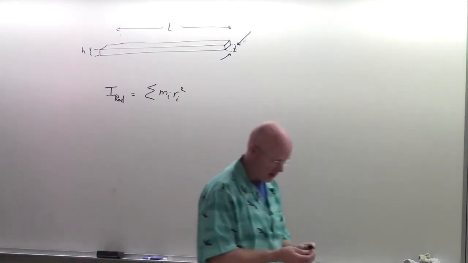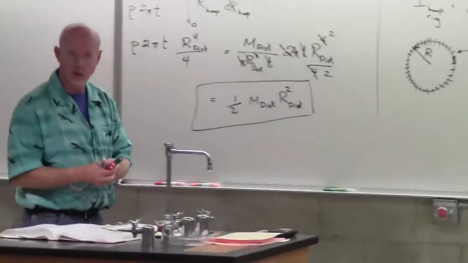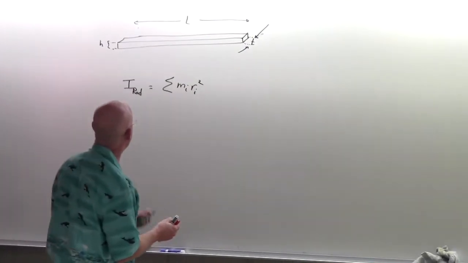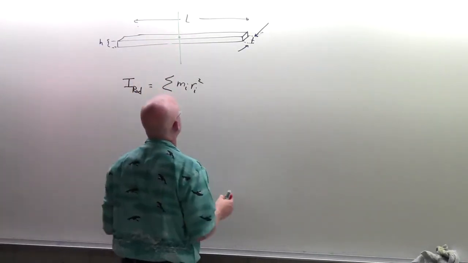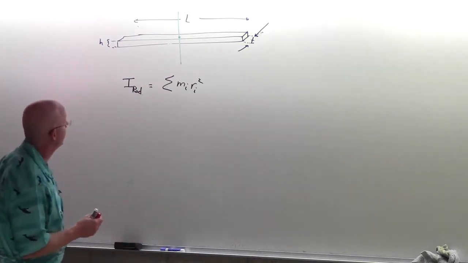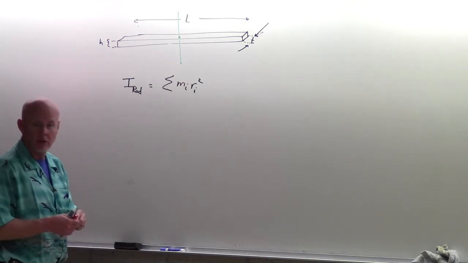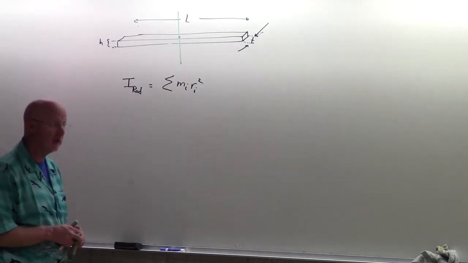Here's why I say that. Do you think I would get the same value if I took this rod and, like I have it set up right there, I've got it labeled from the center? What if I were to spin it a little differently?